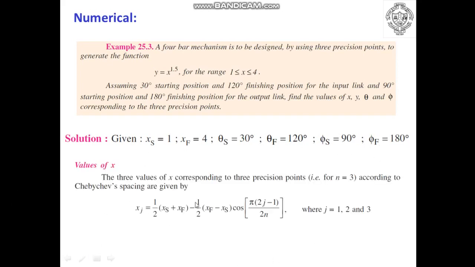So we know the generalized formula to find the 3 values of x corresponding to 3 precision points, that is n equal to 3, according to Chebyshev spacing. The formula is xj = 1/2 (xs + xf) - 1/2 (xf - xs) cos(pi (2j - 1) / 2n). Here we have to consider j equal to 1, 2 and 3, repeating this procedure 3 times, with n equal to 3.